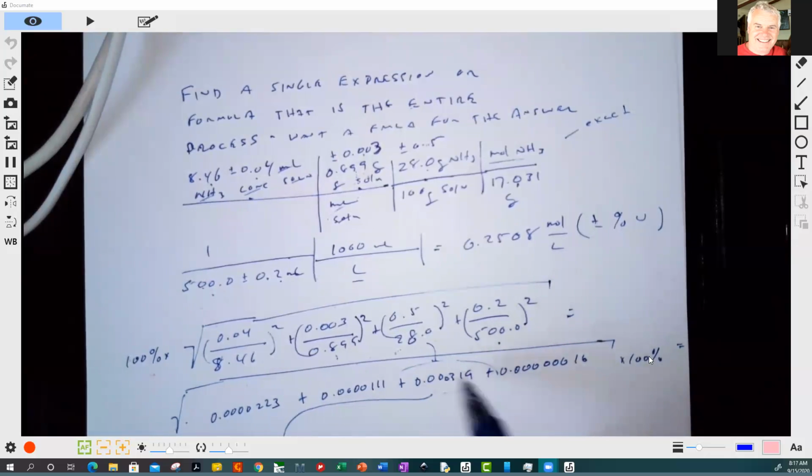I screwed up my notes. So I think it's 4 zeros there. And yeah, this is probably 4 zeros here. So once you square this value, it comes up with 4 zeros.